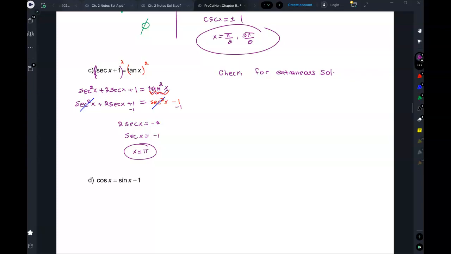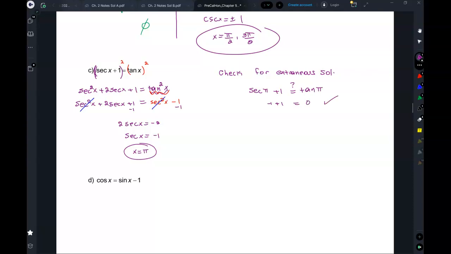We go back to the original equation. So I have secant, plug pi in there, plus 1. Is this equal to tangent of pi? Secant of pi is negative 1. Plus 1 is 0. Tangent of pi, 0.